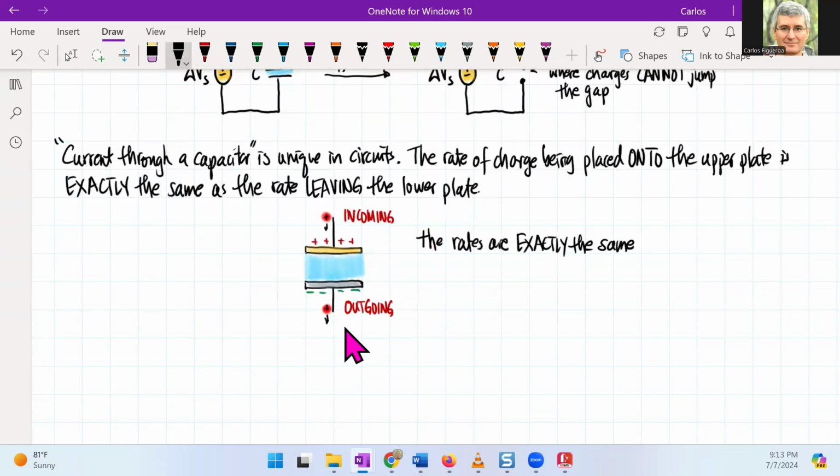What we mean by current is that the incoming current equals the outgoing current. These currents are the same.